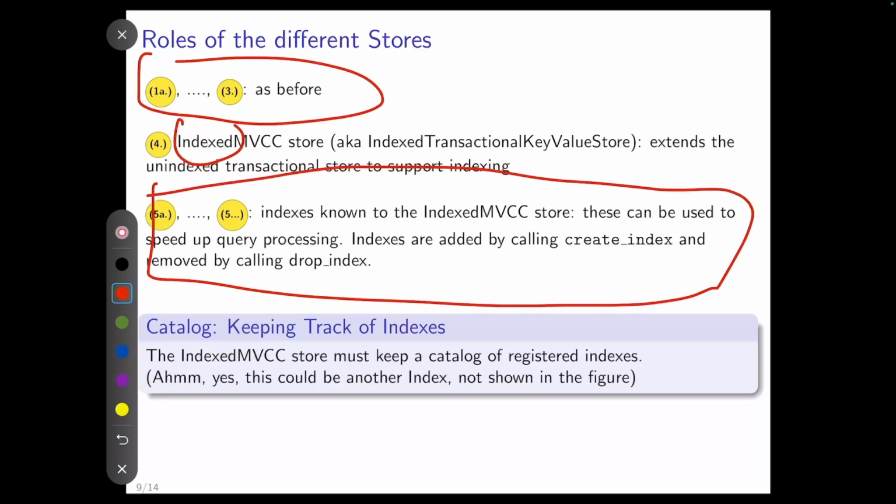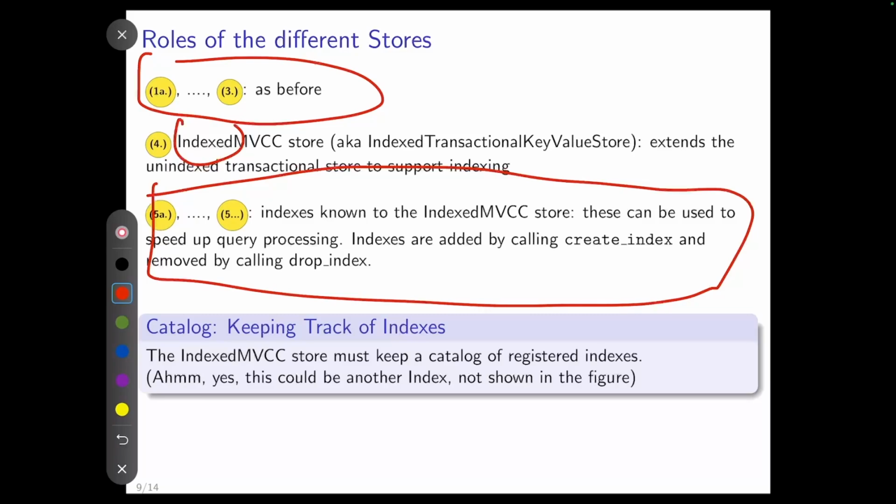So I may declare an index. I may say, okay, create an index. It's a method to call, create index. It's also what you will find in SQL. It's part of the data definition statements. You can say create index or drop index in the SQL database. And then the system will create an index, exactly in the way as I will show in a moment.